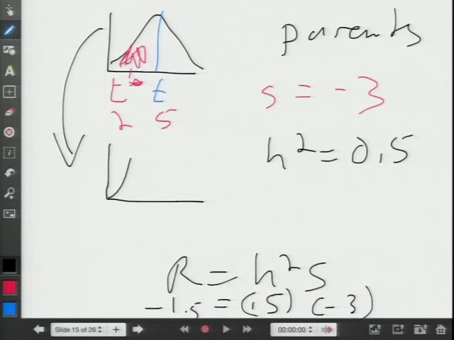So now, what's the average of the kid generation going to be? You with me?